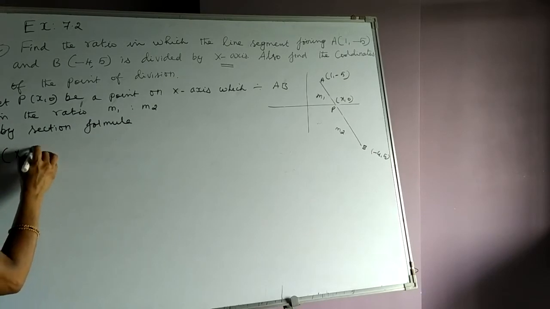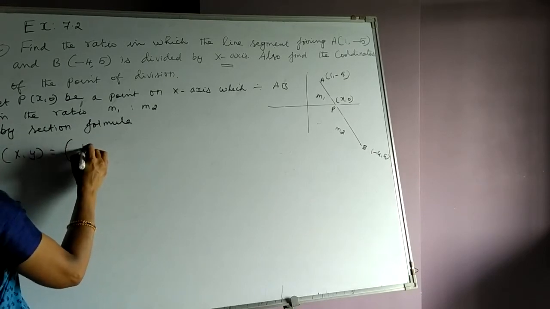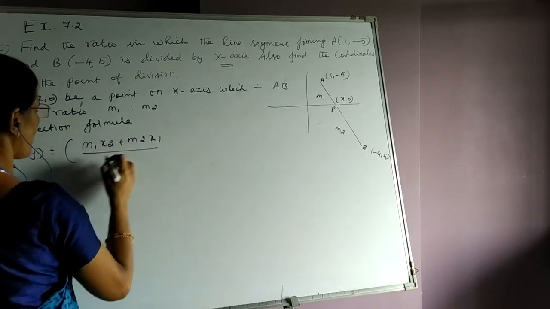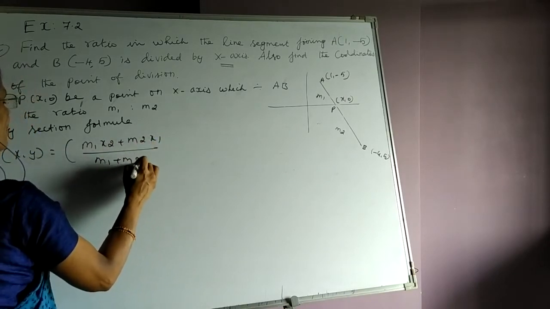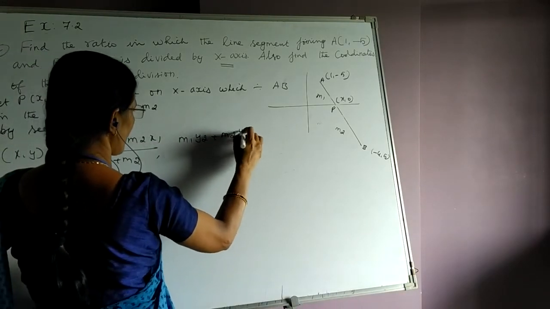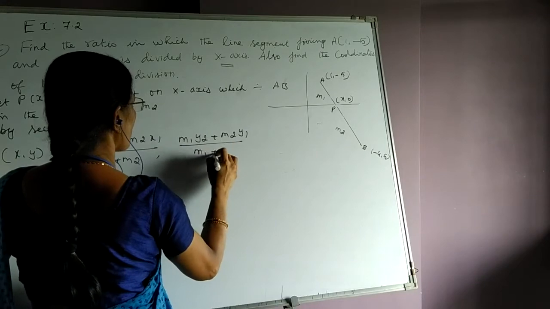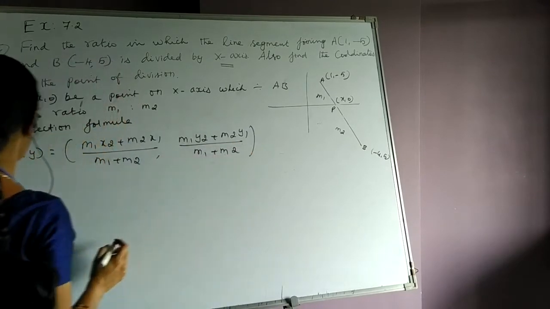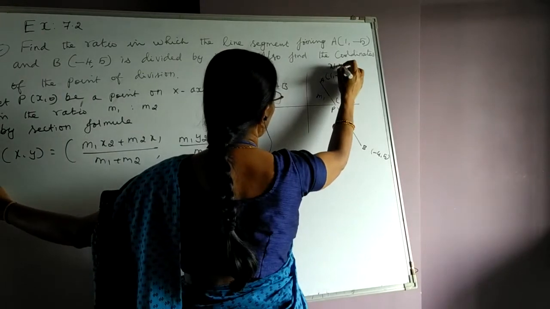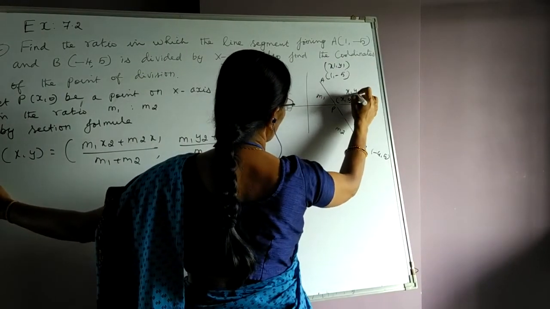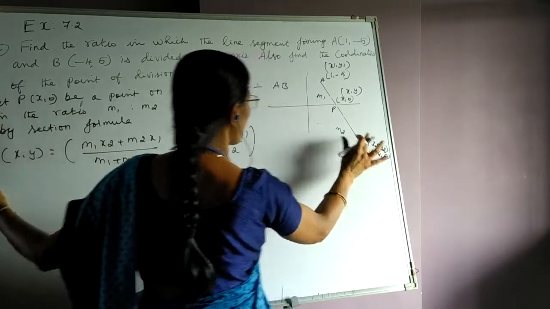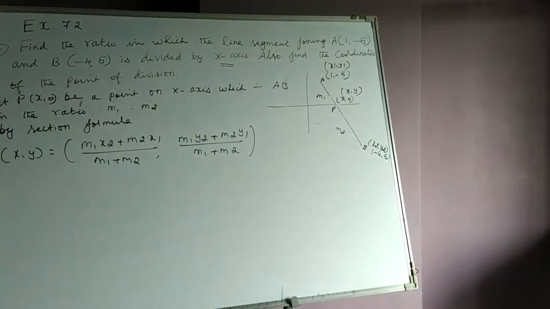We know xy is (m1 x2 + m2 x1) upon (m1 + m2), (m1 y2 + m2 y1) upon (m1 + m2). We know this is x1, y1, this is xy, and this is x2, y2. The drawing will help you a lot in understanding.